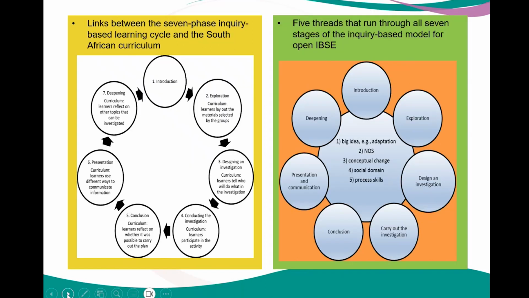Okay, so now we're looking at the links between the 7 phase inquiry-based learning cycle and the South African curriculum. If you look at figure 3.2, it gives these links. You start with the introduction and exploration, where within the curriculum learners lay out the material selected by the groups.